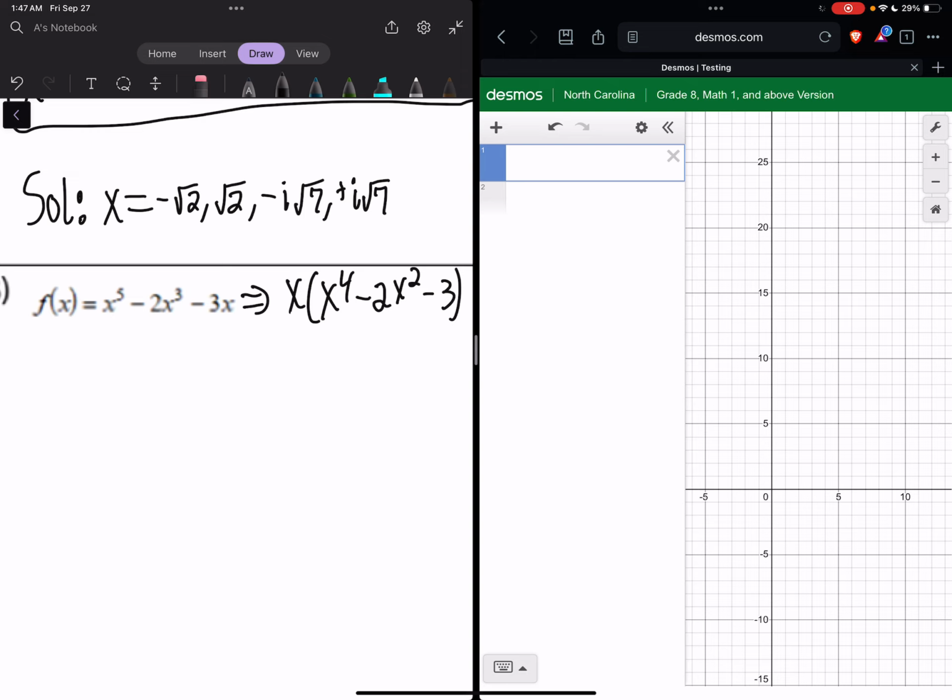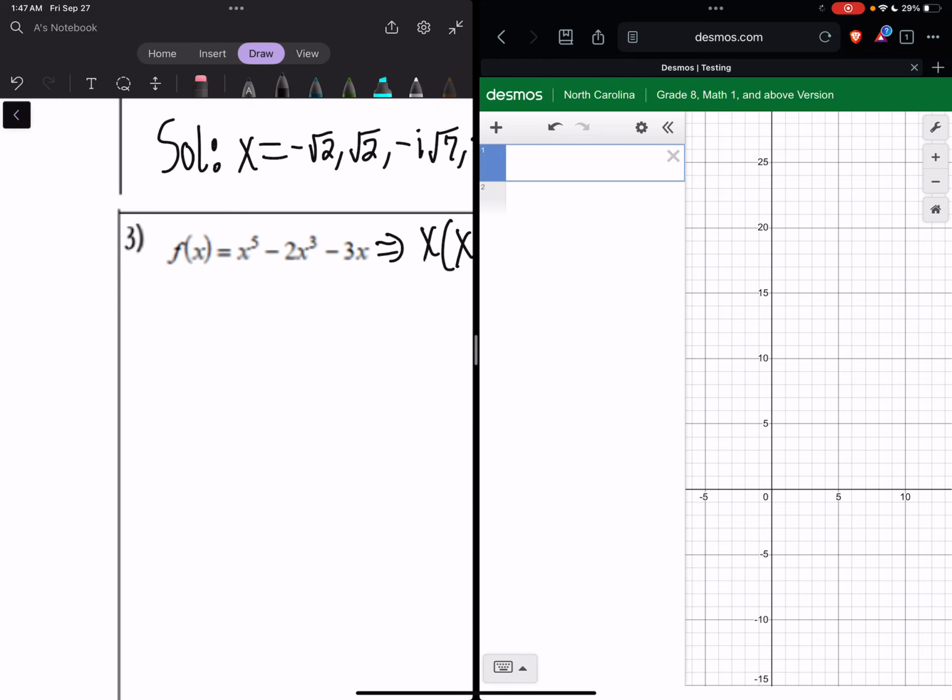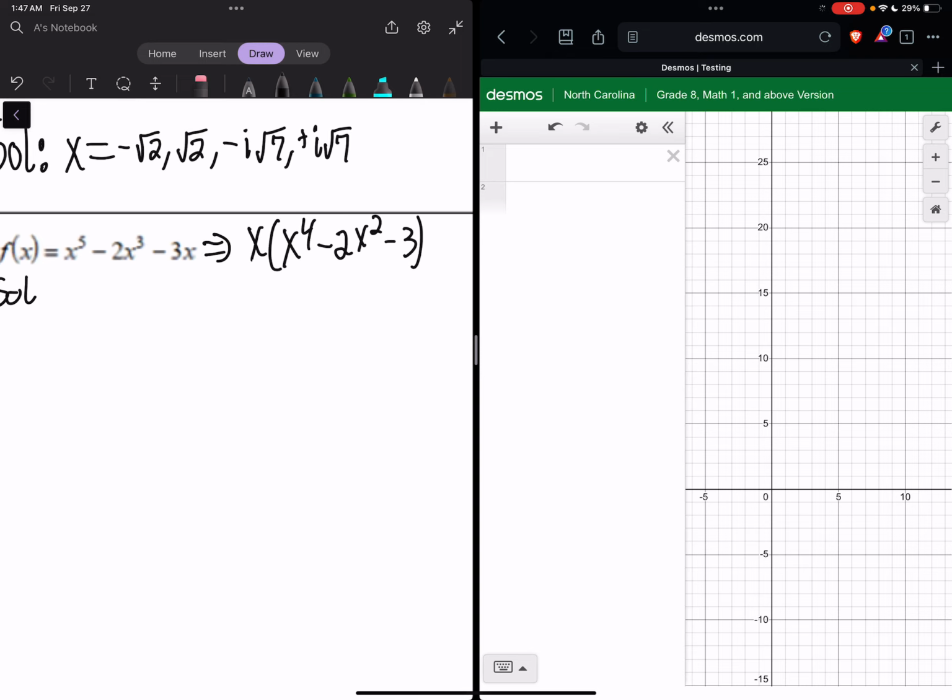Okay, first, I'm going to be looking for 5 solutions from this. FTA, 5 solutions. All right, I'm going to factor the right side now. So I'm going to leave the x where it is.